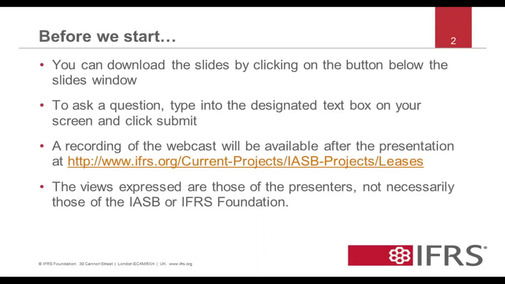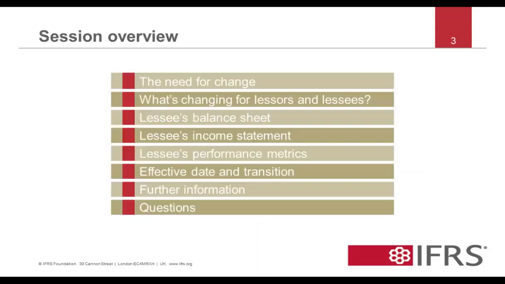And so with that, I'll hand over to Catherine to introduce IFRS 16. Thanks, Patrina. So we'll start this afternoon with an overview of why the IASB made the decision to change lessee accounting. We've talked about this in quite some detail in our project updates over the last year, so I'll plan to keep this part quite brief. We'll then spend a few slides summarising what has changed in IFRS 16 compared to previous accounting under IAS 17.